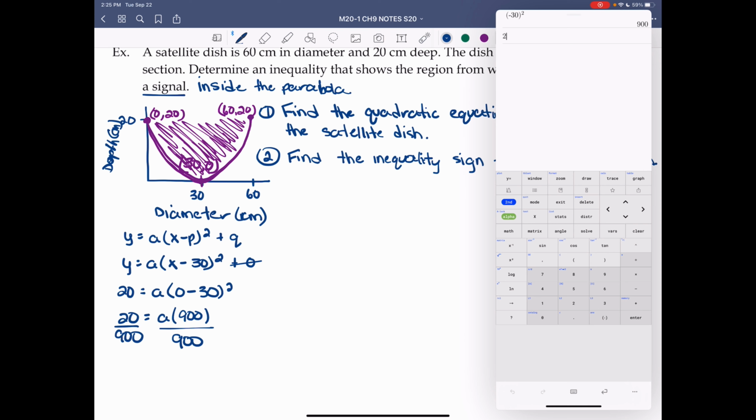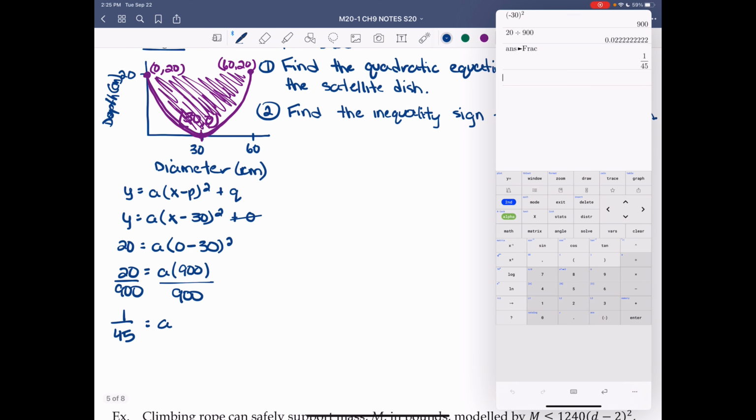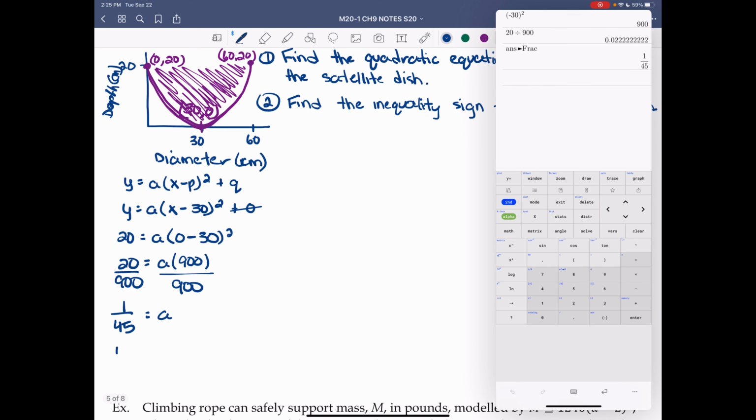And then if we go 20 divided by 900, enter, math, enter, enter, we get 1 over 45 equals a. Then we can write our equation, and we get y equals 1 over 45 bracket x minus 30 squared. There's our equation.